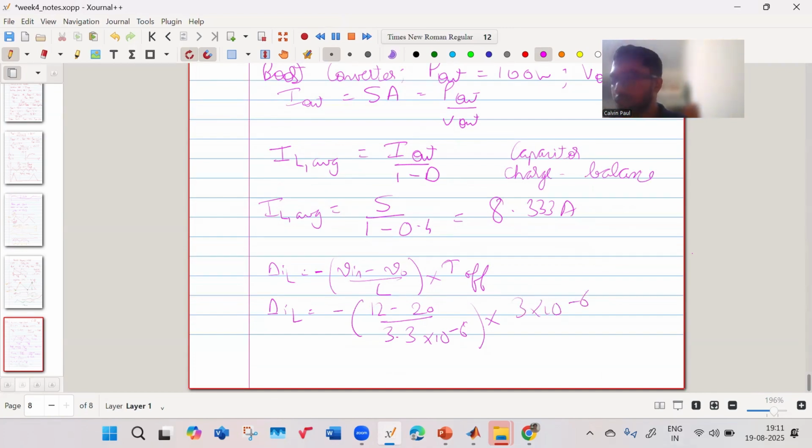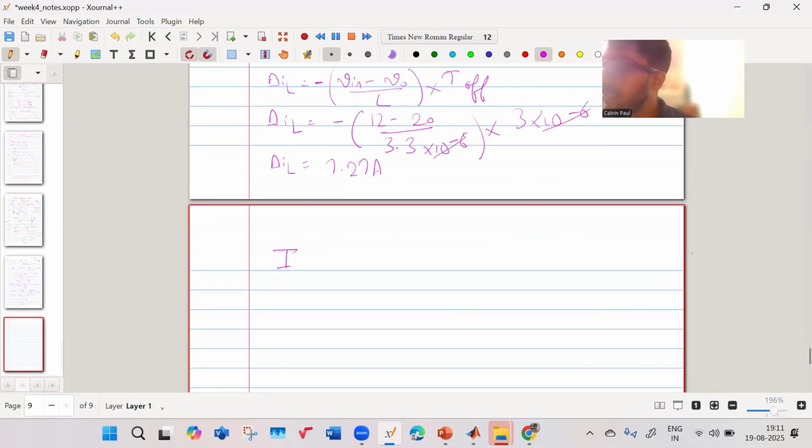So what is the value? 7.27. Delta I comes out to be 7.27 ampere. Yes, correct, 7.27 ampere, because this gets cancelled. This becomes 8.3 by 3.3. Okay, 7.27 ampere.